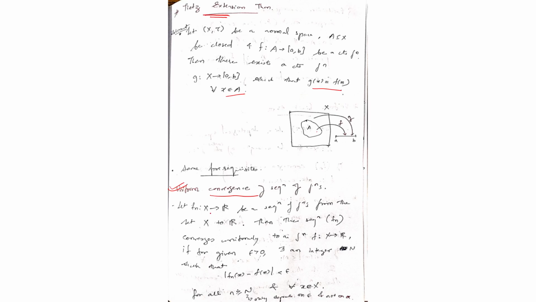Let f_n be a sequence of functions from the set X to R. Then the sequence f_n converges uniformly to a function f from X to R if for given epsilon greater than 0 there exists an integer N such that |f_n(x) minus f(x)| is less than epsilon for all n greater than or equal to N, for some fixed N and for all x belongs to X. So this is the definition of uniform convergence of a sequence of functions. I hope you know the difference between pointwise convergence of a sequence of functions and uniform convergence.